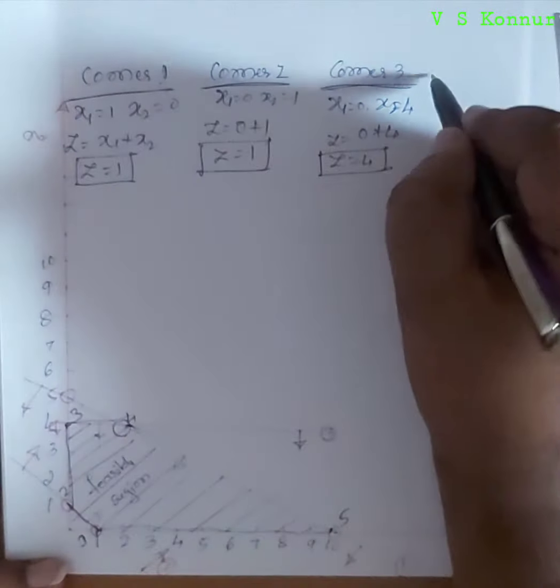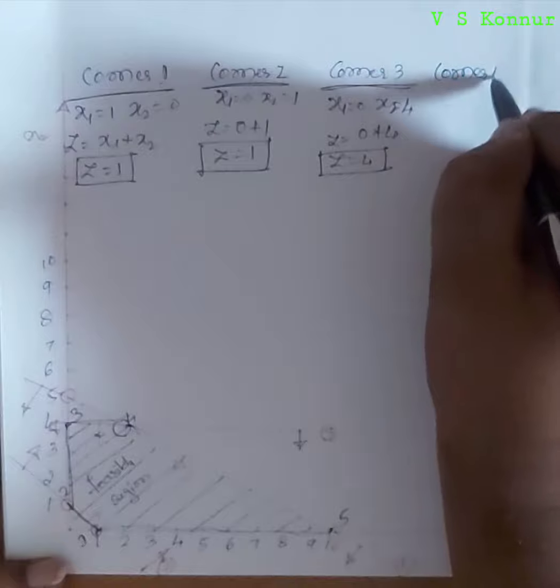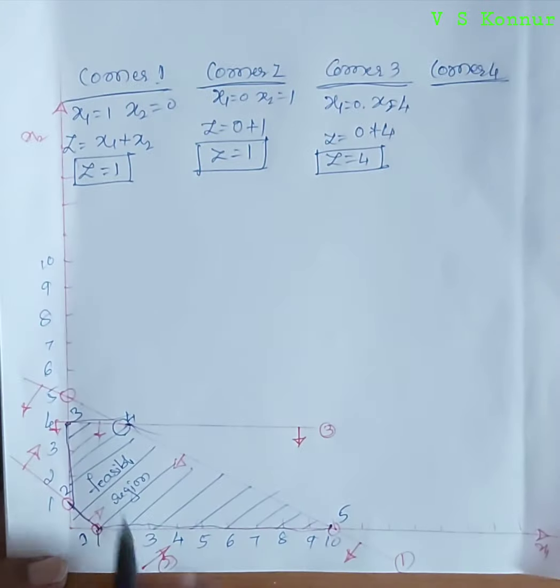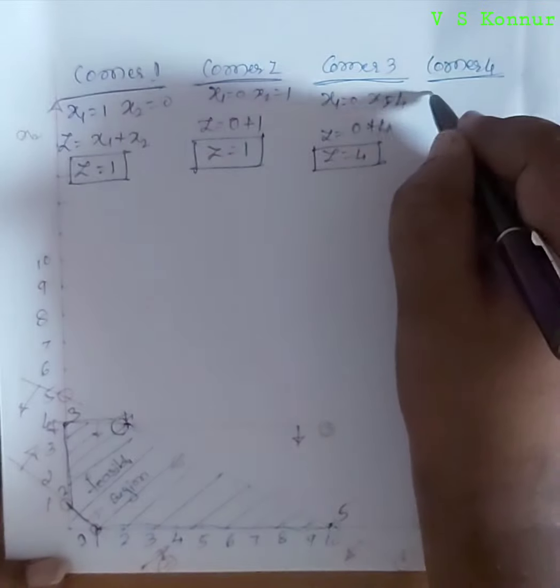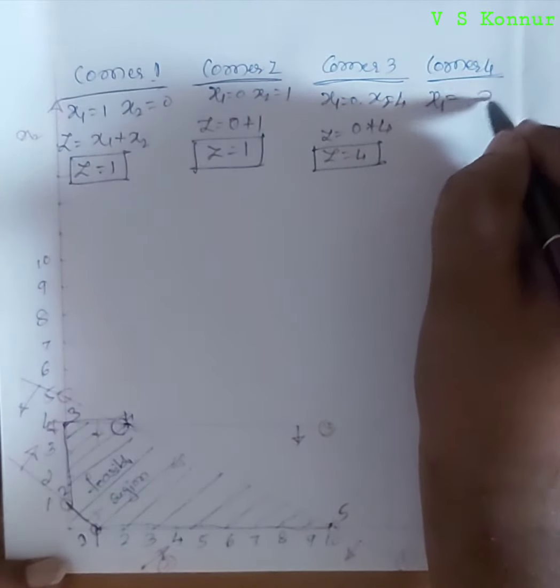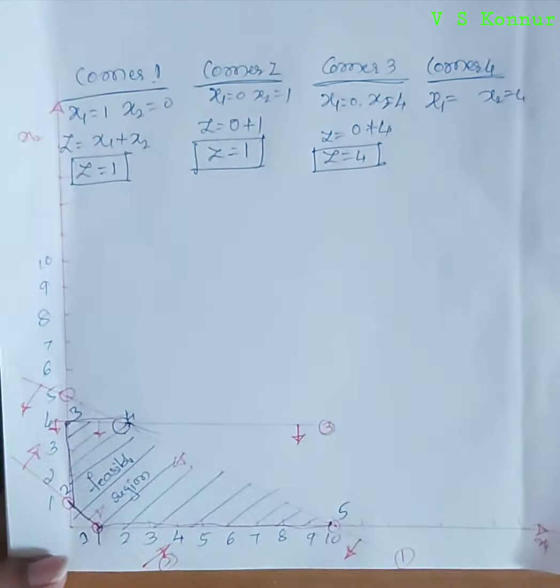Corner 4. This is corner 4. For this corner, x2 is equal to 4, and we calculate x1.